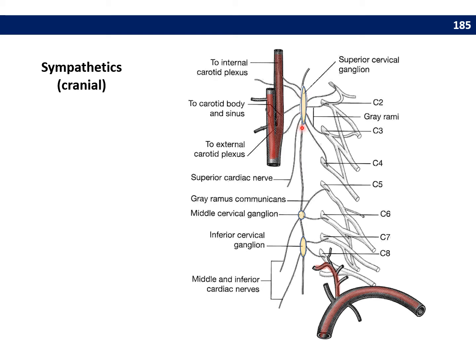From there, postganglionic sympathetics get distributed to targets at the pupil, inhibiting crying at the lacrimal gland, and inhibiting the mucosa in the lateral nasal wall and in the oral cavity. Those get distributed to their targets via sympathetic plexuses that surround the branches of the internal and external carotid artery.